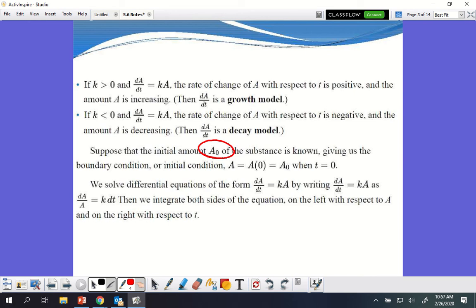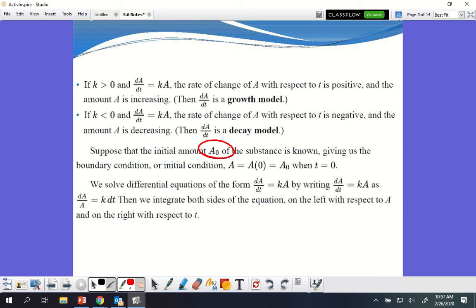That is what I'm starting with when time is equal to 0. I should always have 2 points out of this. One point I'm going to start off with is at time 0. It doesn't always say time 0, it just says initial amount. So you should know that before I start anything, at time 0, I start with something.